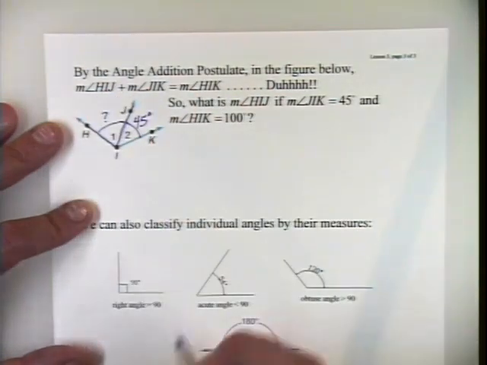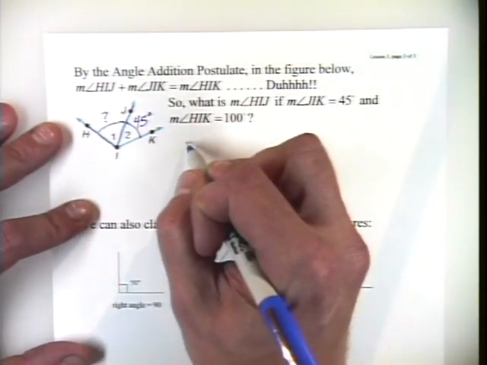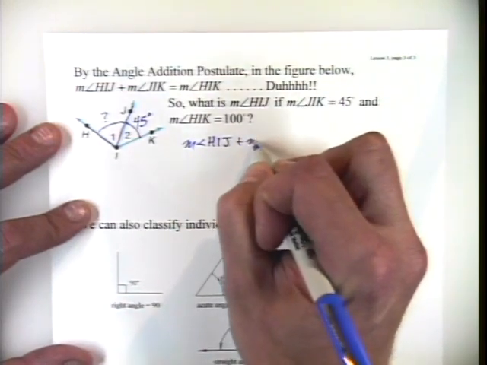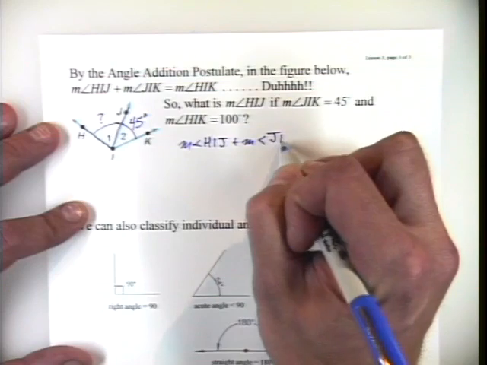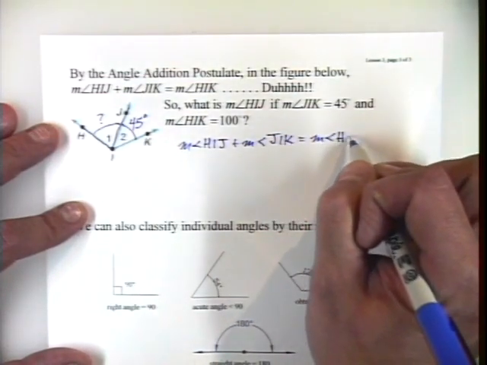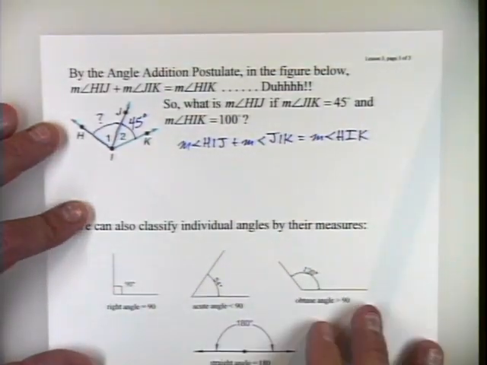Well, let's go ahead and use the postulate. I know that the question mark, which is the measure of angle HIJ, plus the measure of angle JIK, is equal to the measure of angle HIK. And I'll just fill in what I know.